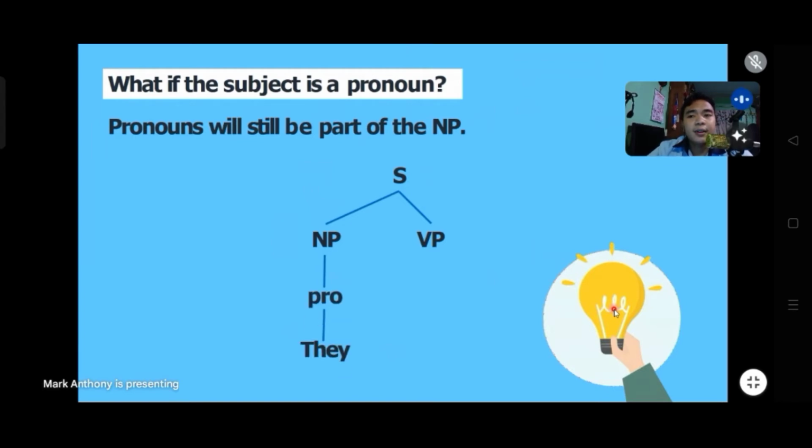"They" will still be a part of the noun phrase, and it will be written just like this. So it is the noun phrase, and under the noun phrase its subconstituent, pronoun, and that would be the word "they."